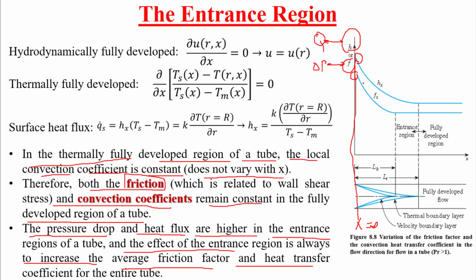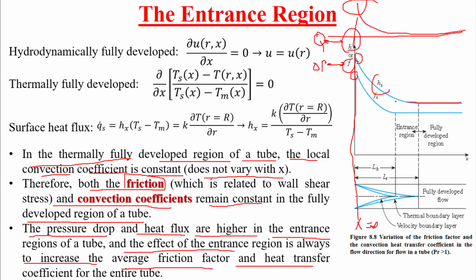So if we have, for example, a very high value at the entrance, h will start from an even higher value, then it will become constant. So the effect of the entrance region is always to increase the average value.